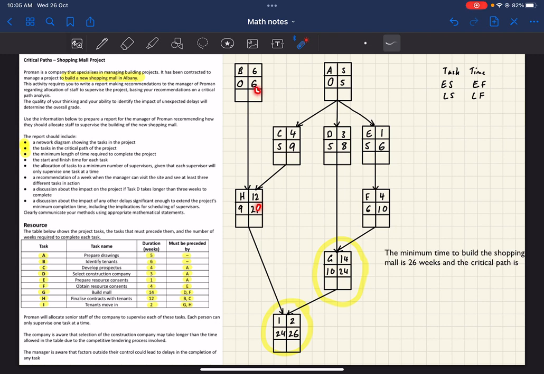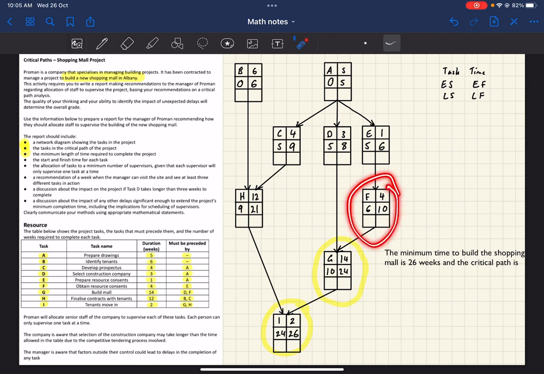You'd still finish the whole project on time. Same with this one. This one only leads on to that, and since this one can start 3 weeks later, this one can finish 3 weeks later. So none of these are in the critical path.